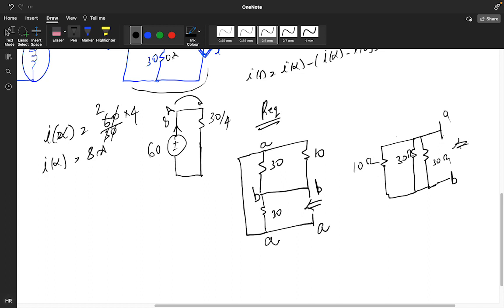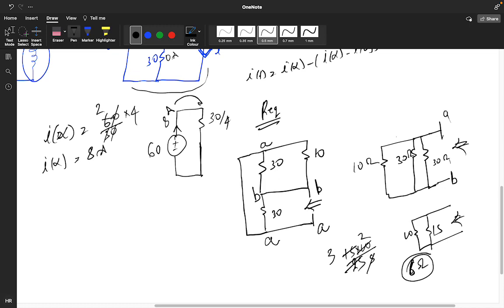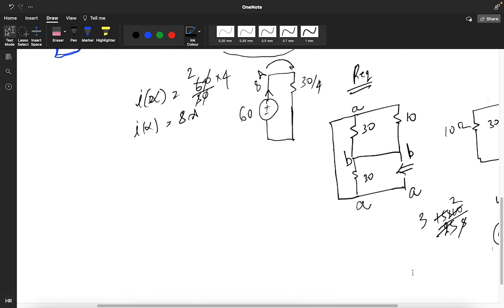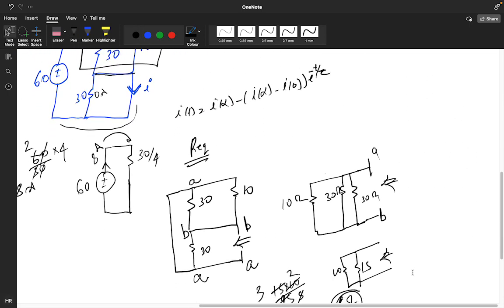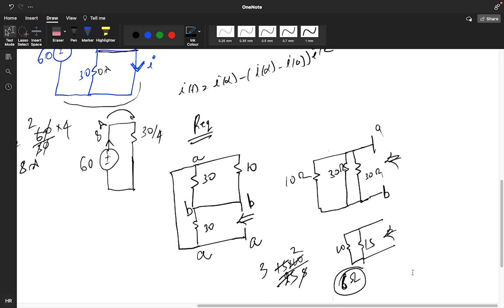So what value am I getting? The two 30s become 15, and this is 10. So 15 into 10 divided by 25, right? So this is 3, this is 5, and this is 2. So I am getting 6 ohm. So substitute this value in this particular equation.